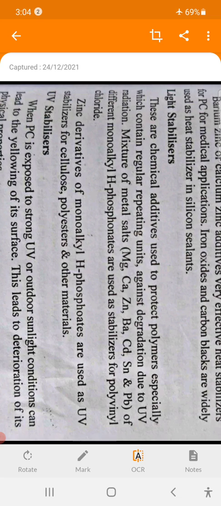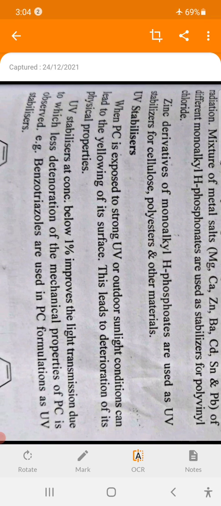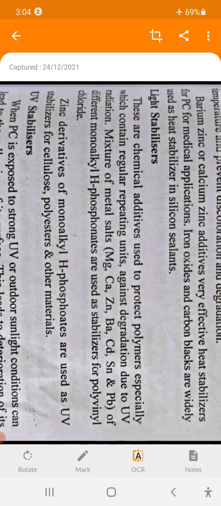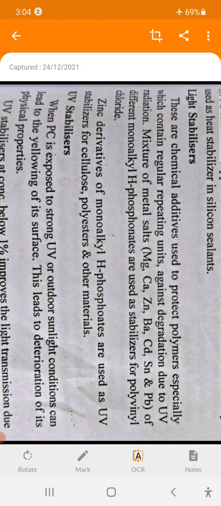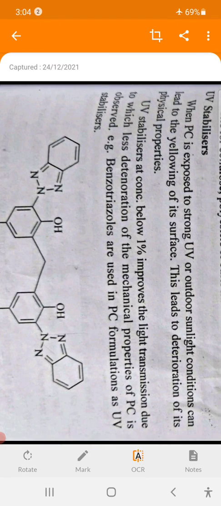Zinc derivatives of monoalkyl H phosphonates are also used as UV stabilizers for cellulose, polyester, and other materials. Then next, these are light stabilizers, and the next are UV stabilizers.